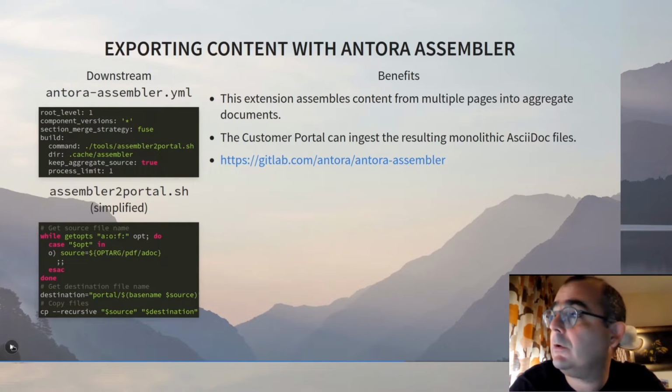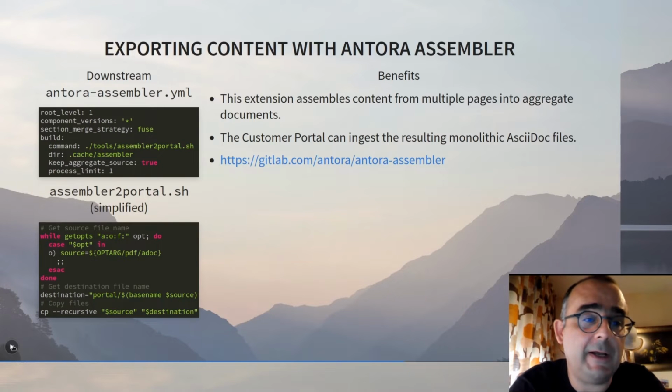And then with Antora Assembler, suddenly, I just have 2 files. One file is a file that I can copy from one repository to another, which is just the Antora Assembler YAML file. So it's 8 lines of code, and it just tells Antora to take a complete module and, from a complete module, produce one AsciiDoc file.